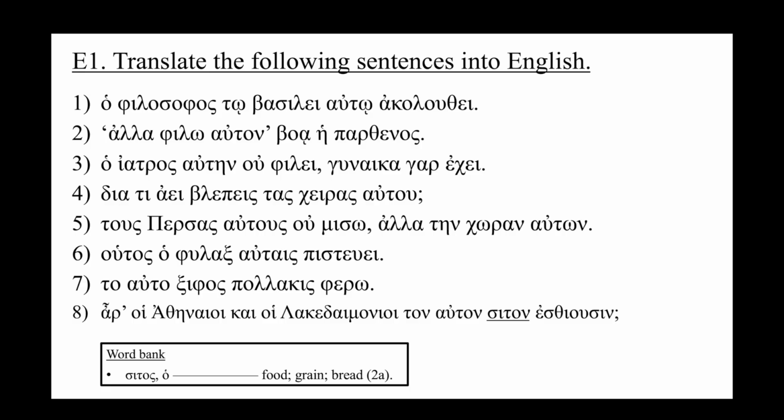You will need to consult your notes, or if you want to challenge yourself, remember the rules that I've taught you about how to know what αὐτός means when, that is, the uses of αὐτός, and then translate the sentence accordingly. Okay, so bear the rules I've taught you in mind. Please do pause the video and translate these sentences into English.